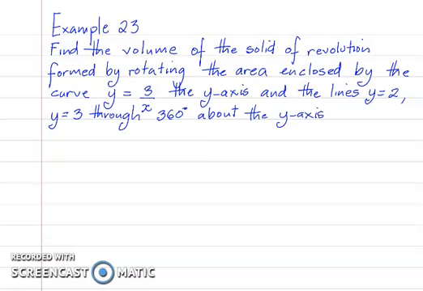So we are rotating something about the y-axis, so the volume V is equal to pi, the integral from x is equal to 2 to x is equal to 3 of x squared dy. Y is equal to 3 over x. If I have one fraction equal to one fraction, I'm going to cross multiply.